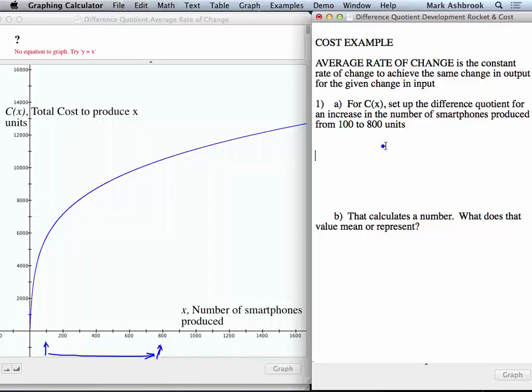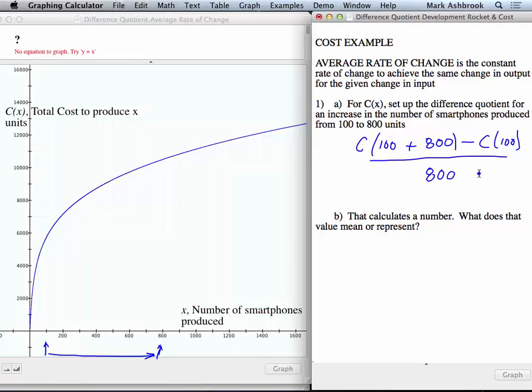Anna, did you get it? I could see C of 100 plus 800 minus C of 100 all over 800. Or, okay, it would be 700.